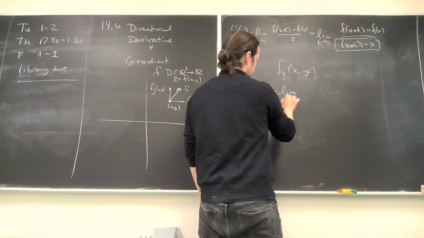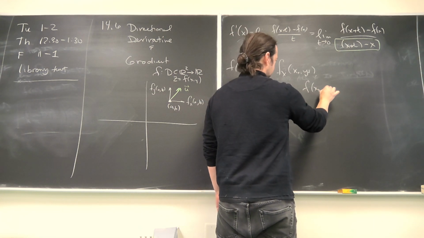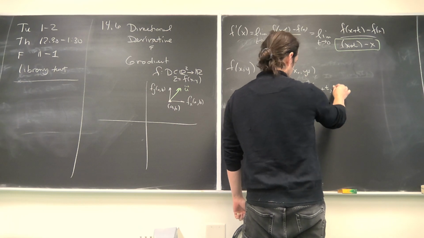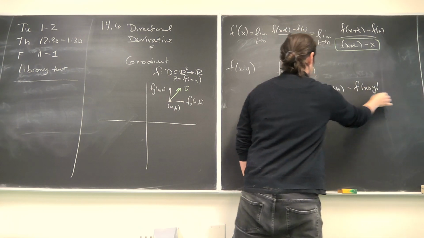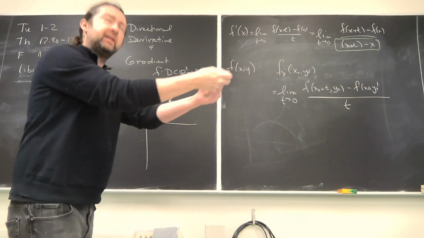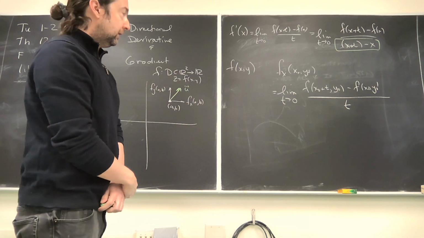the limit as t goes to 0 of f of x naught plus t, comma, y naught minus f of x naught, y naught over t. So it's like you slide out a little bit in the x variable and just take a one variable derivative that way.